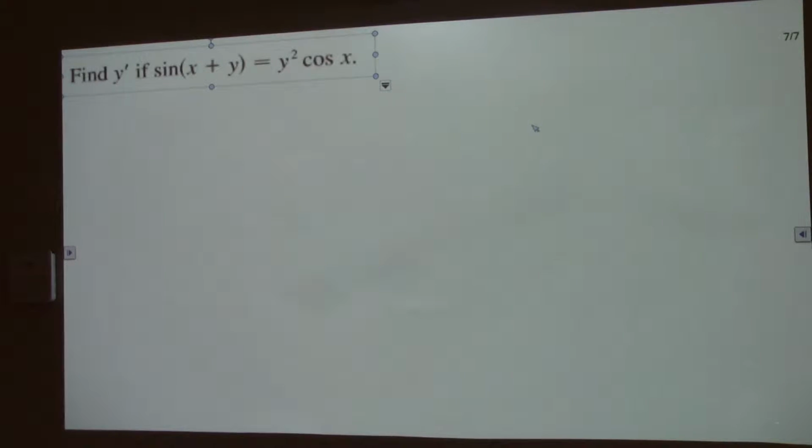Don't try this one, just skip it. Now remember, don't make it too difficult. Just go through. You're going to have to use the product rule on the right side, correct? Yes, Hubert. Thank you, class. And implicit differentiation.